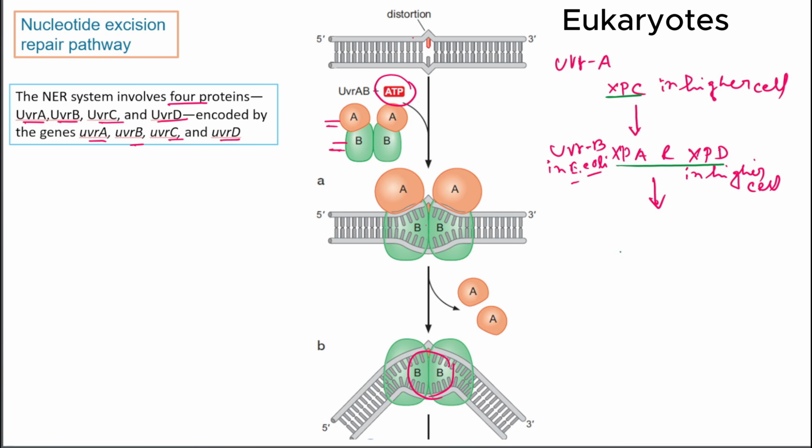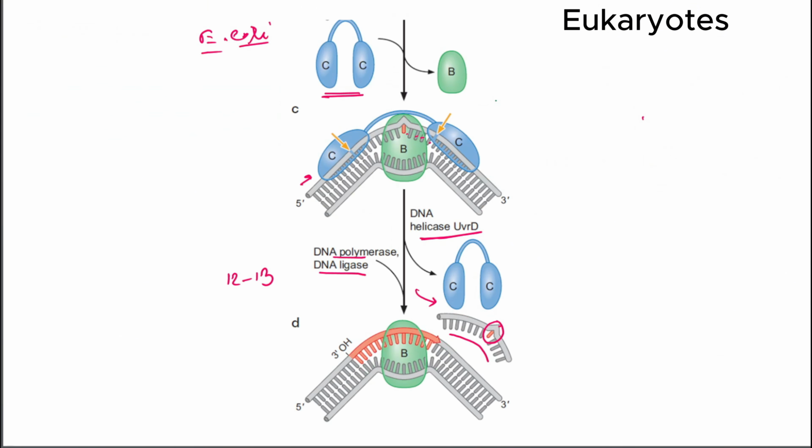So first XPC detects the lesion and then XPA and XPD form the bubble. This bubble formation creates cleavage sites. One is 5' to the lesion, cut by the nuclease ERCC1-XPF, and another is 3' to the lesion, cut by the nuclease XPG.